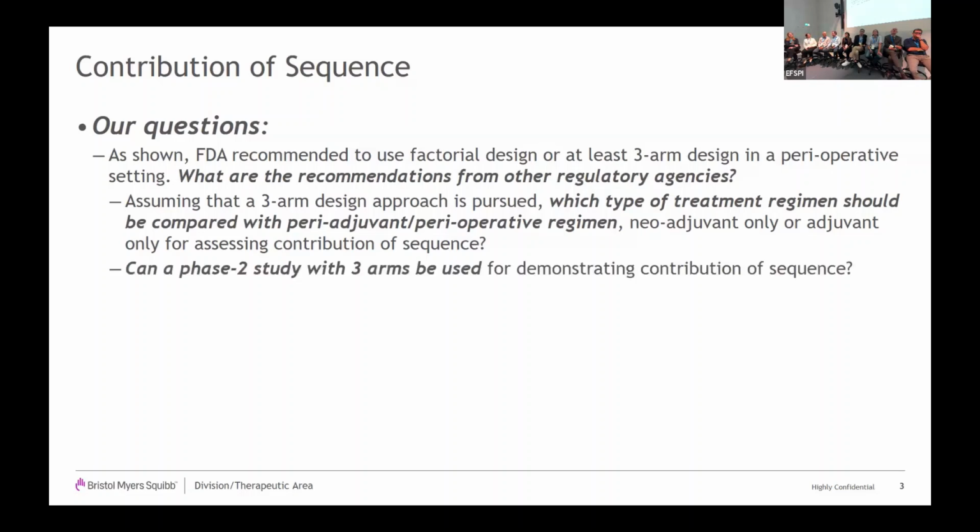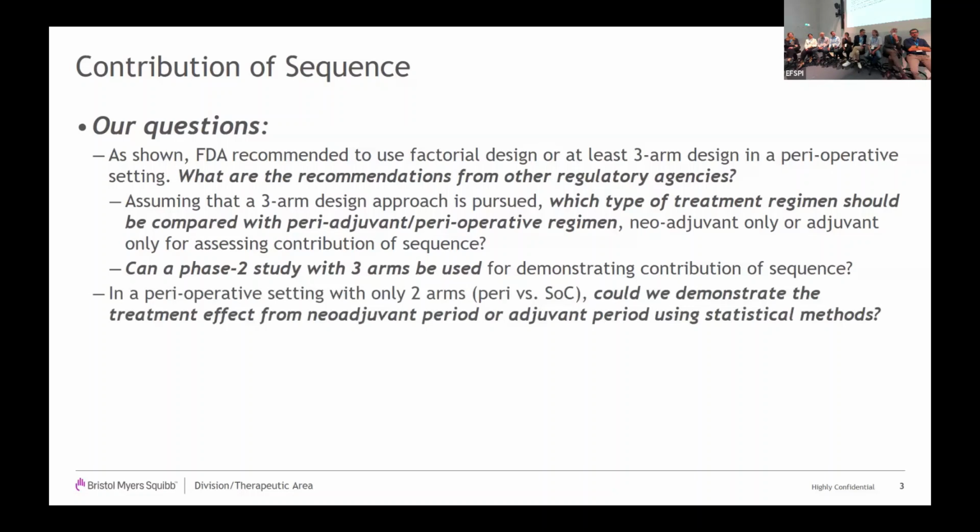And secondly, should this multi-arm study be conducted in the phase 3 confirmatory setting, or is it also okay to conduct it in the phase 2 proof of concept setting?